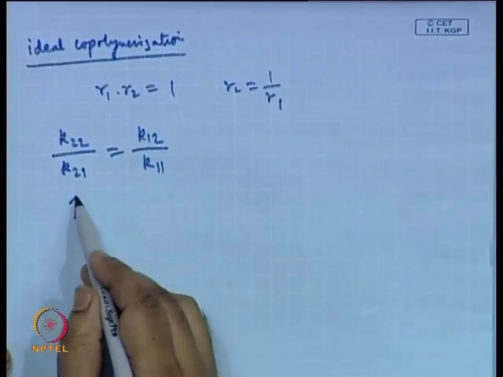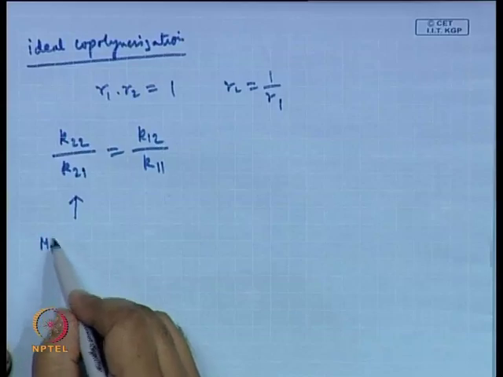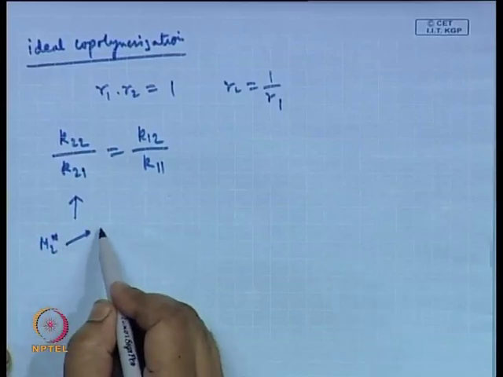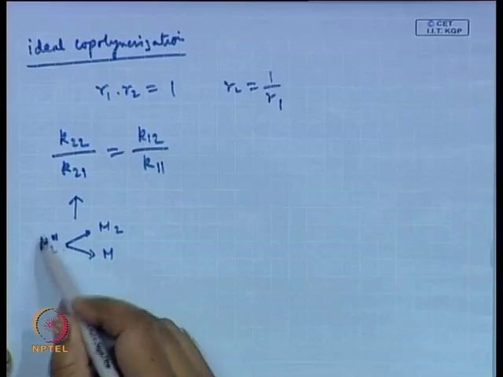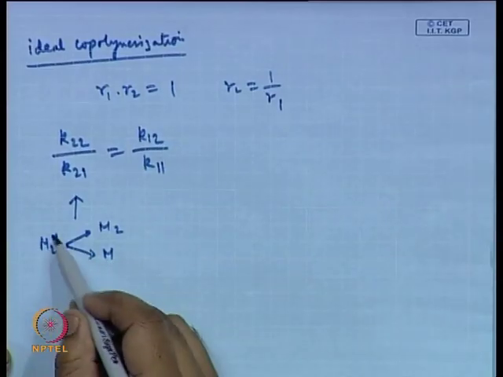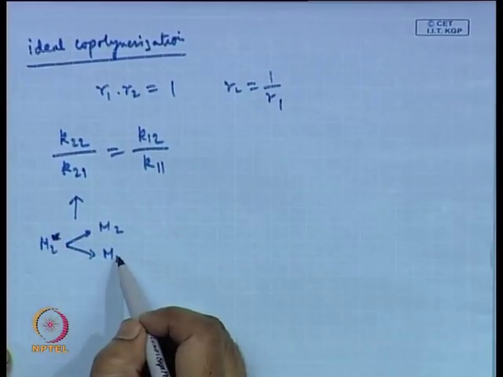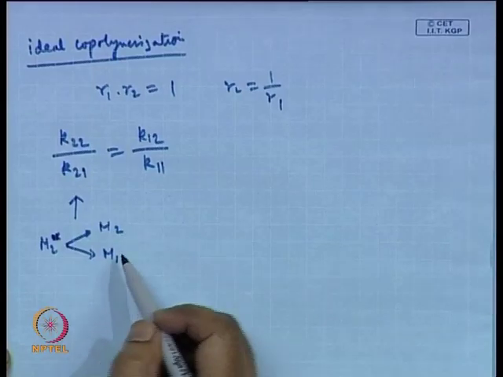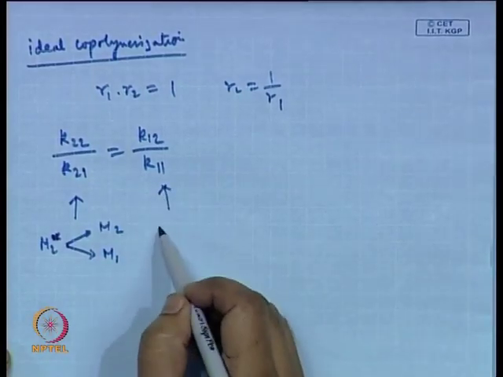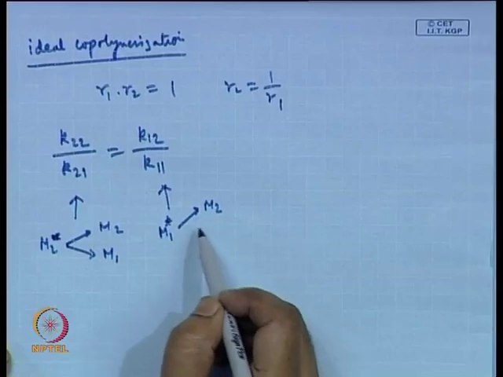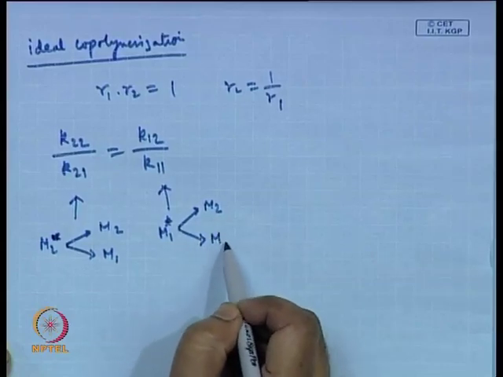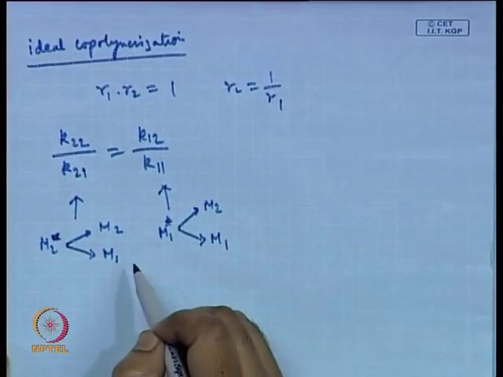Now, this gives you the relative reaction of M2 star with M2 and M1.